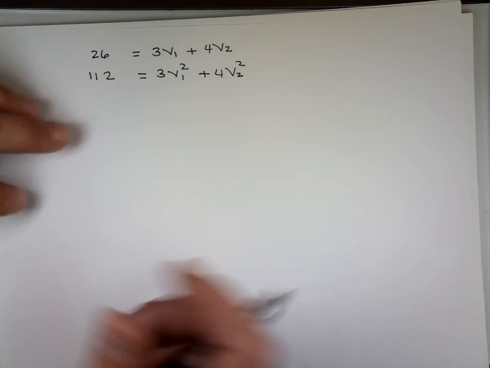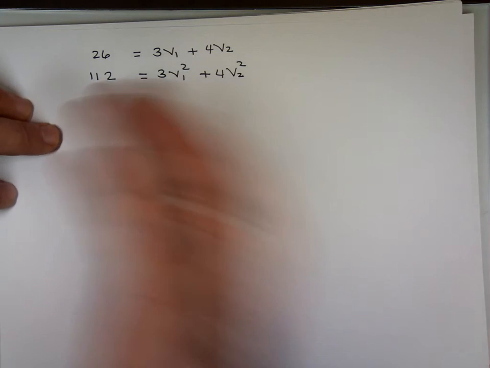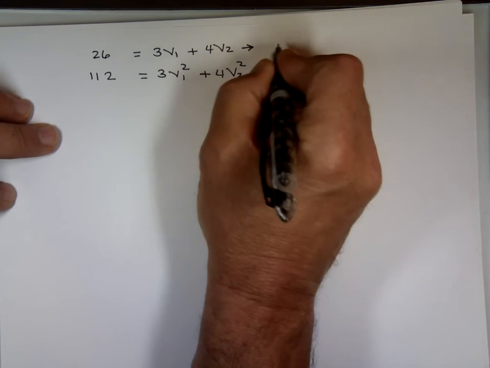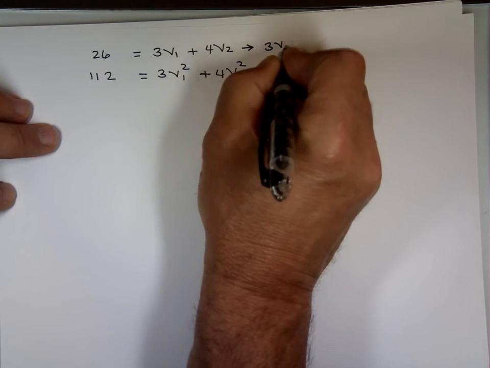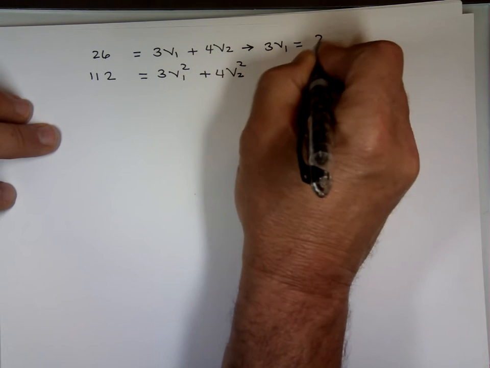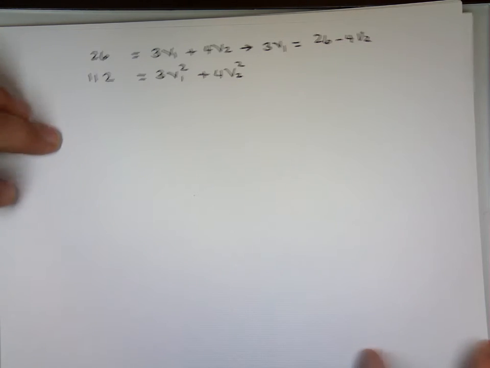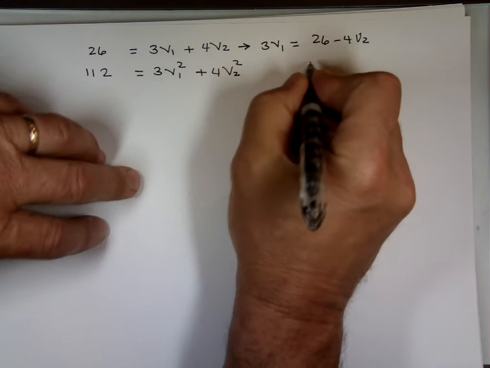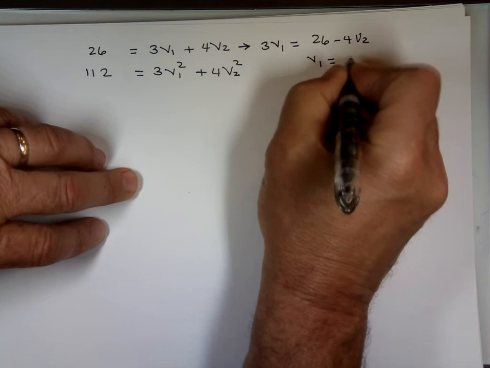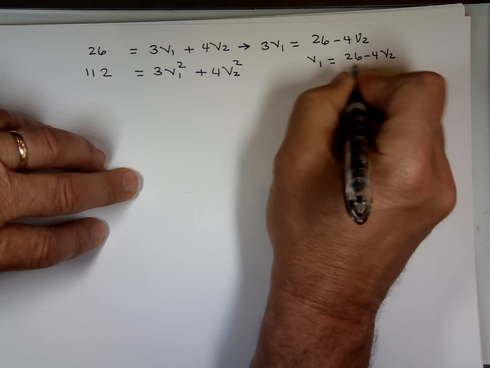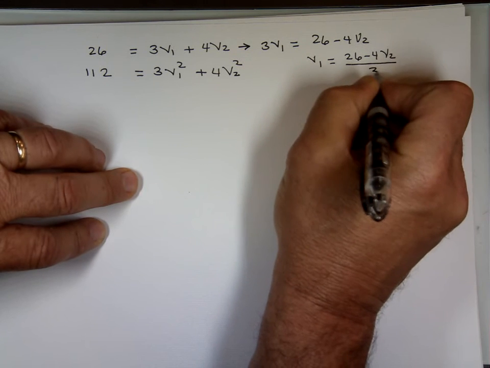Like if I solve for v1 or v2 in one of them, I will say 3v1 equals what? 26 minus 4v2. Which means v1 equals 26 minus 4v2 divided by 3.